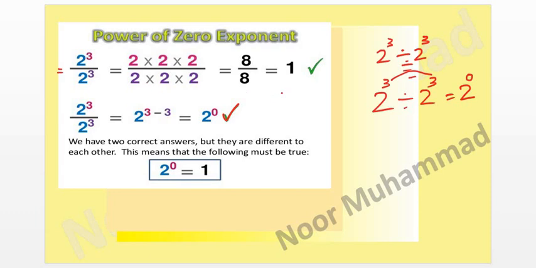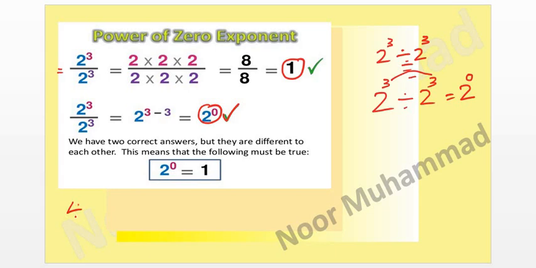The same question, when solved in two different ways, gives us this answer and this one. This shows that both answers are equal to each other because they are the answer of the same question. So we can say that when the exponent or the index becomes 0, the value will be equal to 1. It doesn't matter what the base is.